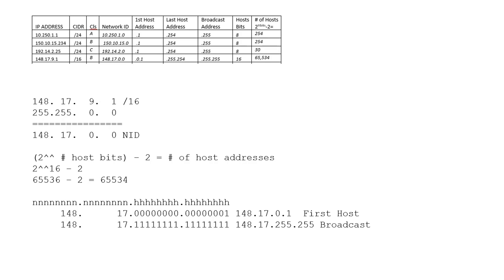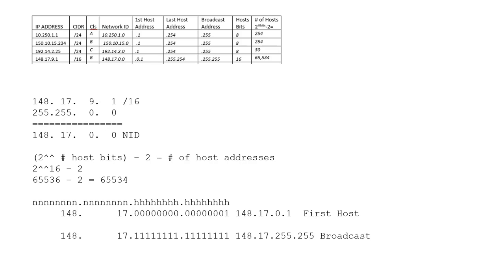So what is our last host? So we'll put in the 148 and the 17. Now watch this. The last host is going to be one less than the broadcast. So we put in 8 ones here, and one less than all of these ones is going to be a 0 there.